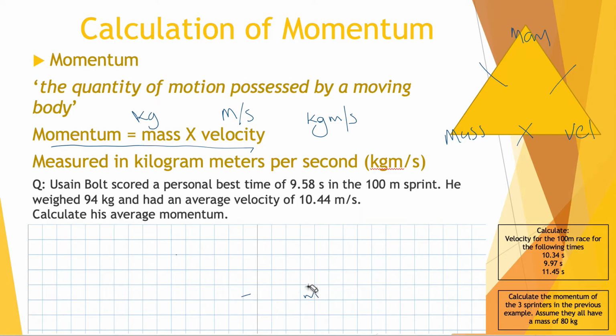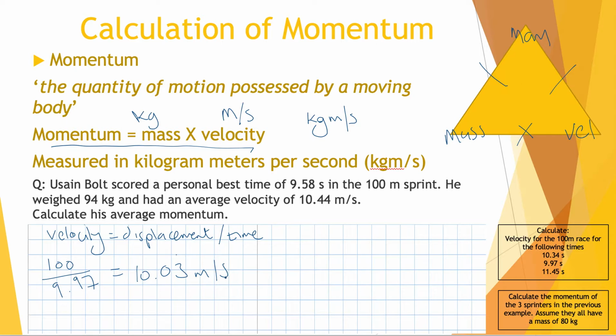Let's add the equations this time to make sure we're being clear. So the second velocity example that you were asked to do at the start: velocity equals displacement over time. So the velocity of this athlete was 100 because they ran 100 meters, divided by 9.97. Their velocity equaled 10.03 meters per second.